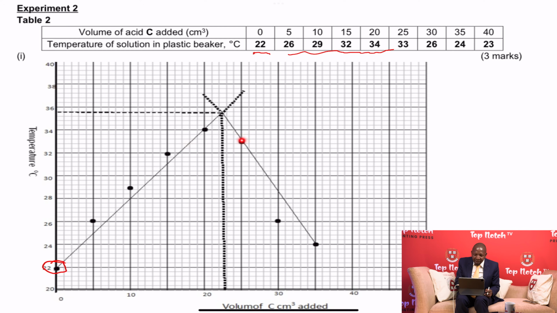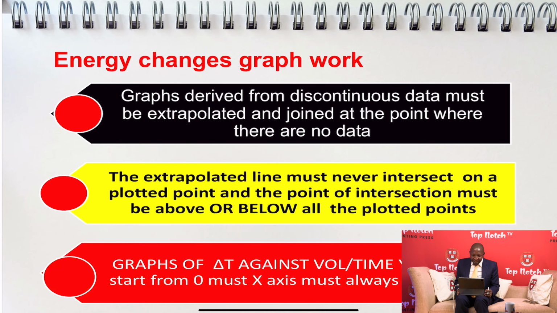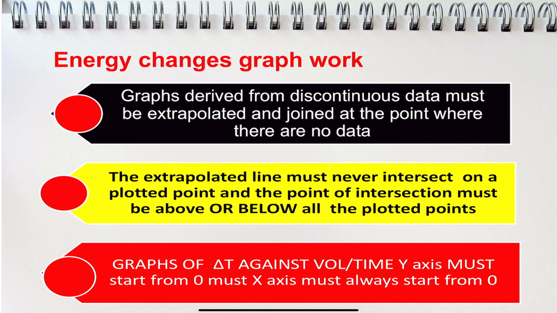But remember what I'm saying, that the lines must always intersect above. Look at point number 2. The extrapolated line must never intersect on a plotted point, and the point of intersection must be above or below the plotted point. Very key word there.